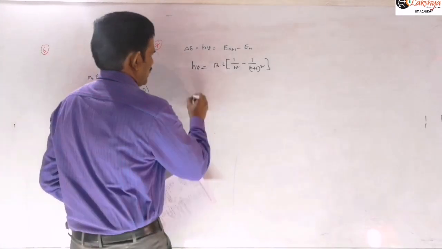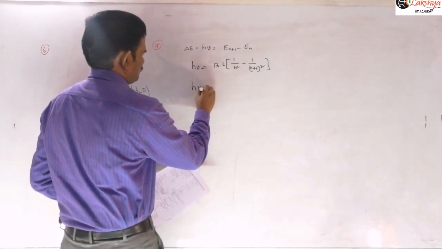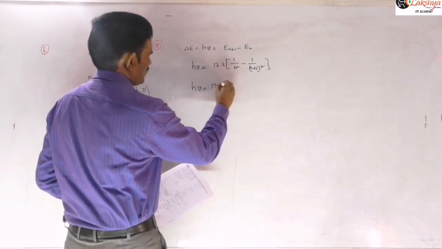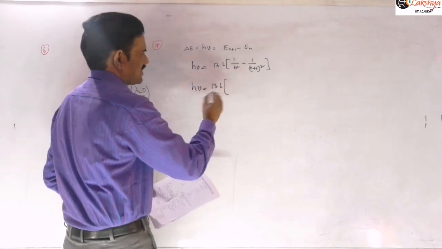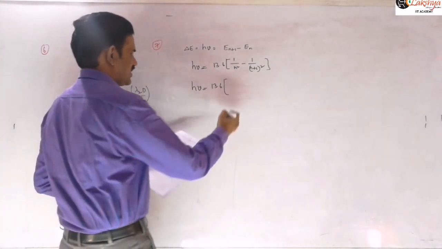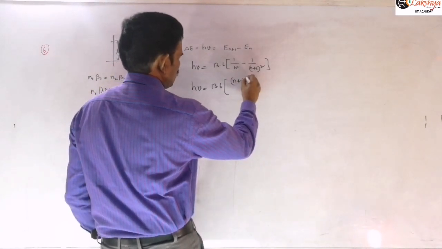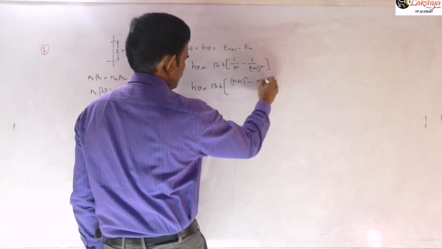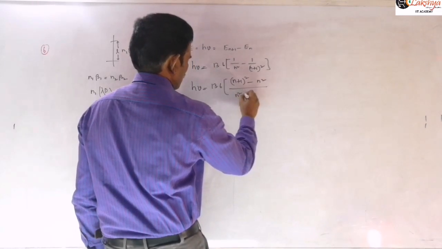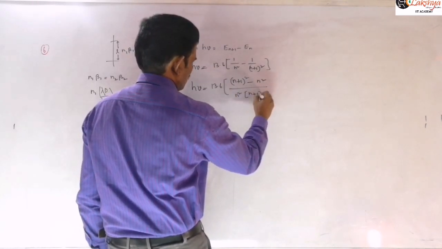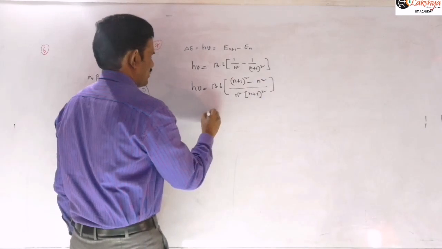Therefore h nu is 13.6 into, they are asking the proportionality, so you can take the LCM and simplify: n plus 1 whole square minus n square by n square into n plus 1 whole square, right?